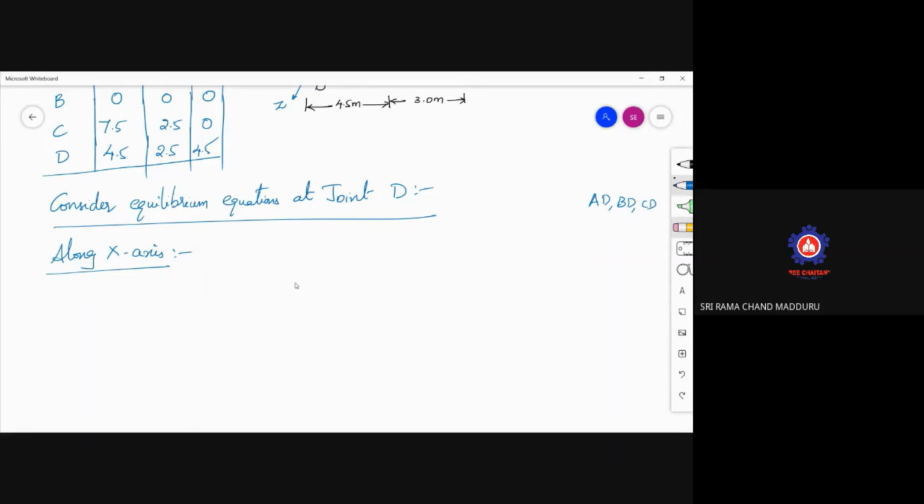Now along x-axis means the coordinates XA minus XD into tension coefficient tAD, so tension coefficient multiplied with the difference between the coordinates along x-axis, plus XB minus XD into tBD, plus XC minus XD into tCD, plus capital XD is equal to 0.